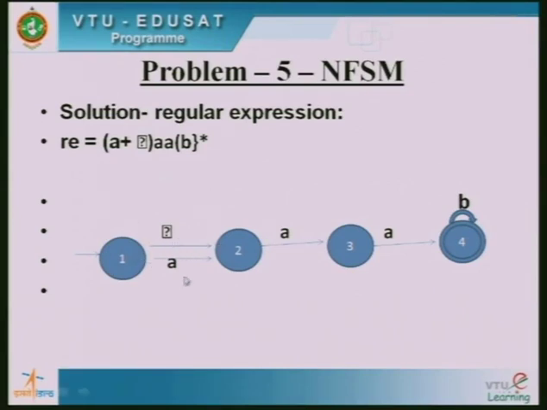When the epsilon is there, a new concept is brought in, what is known as epsilon closure, that will have to be applied. That is why problem 5 I have not given as homework. So, problem 5 you cannot work out. I will indicate it in the next class, and after that you will be able to work this problem.